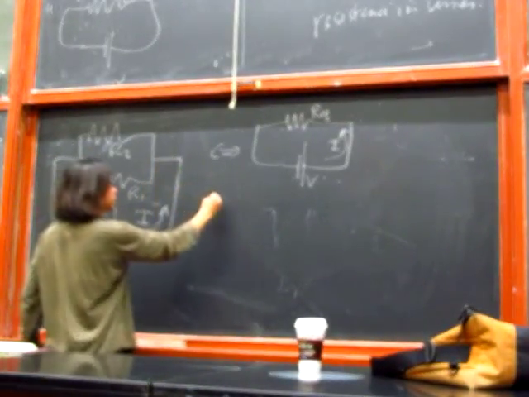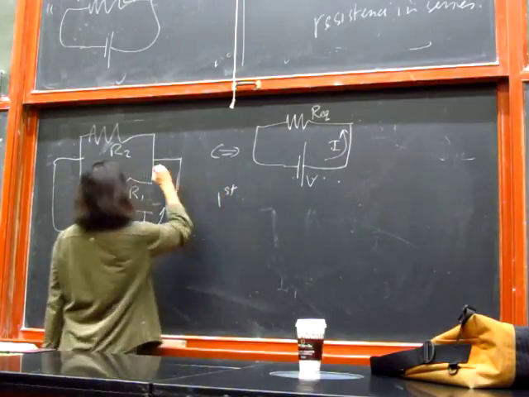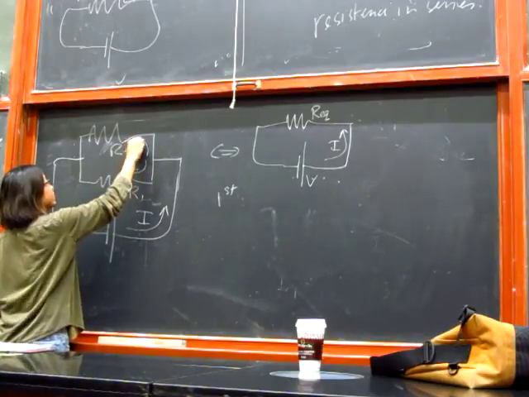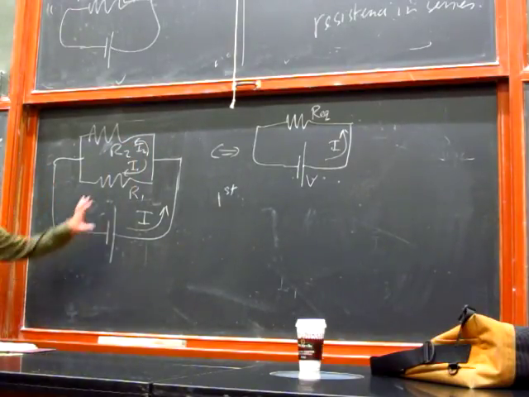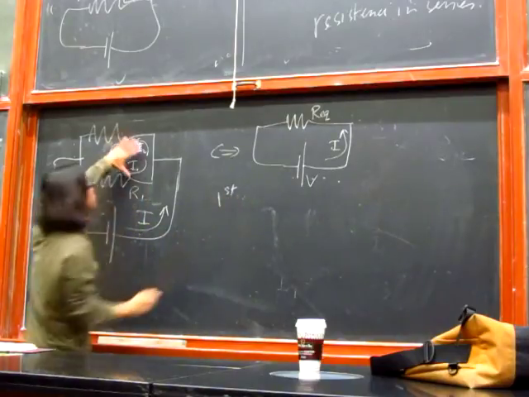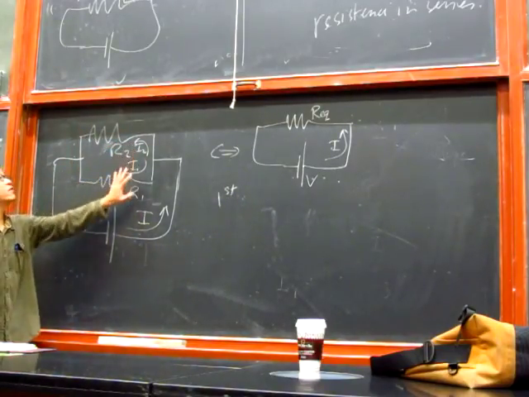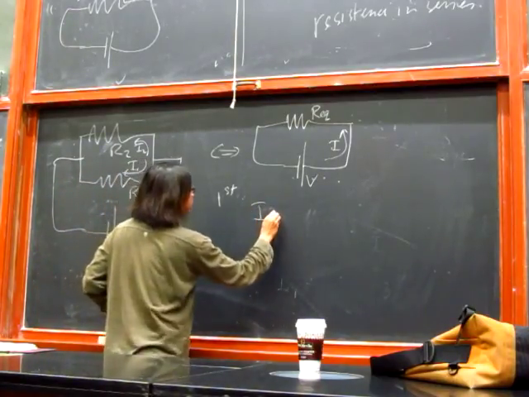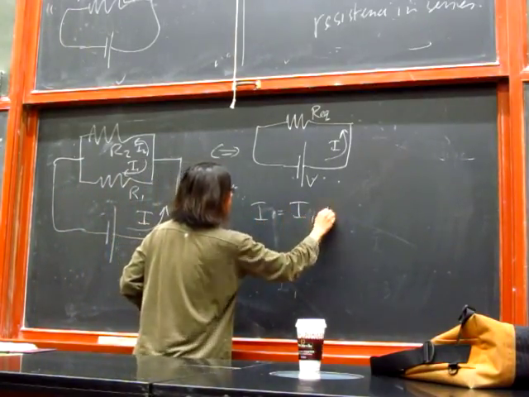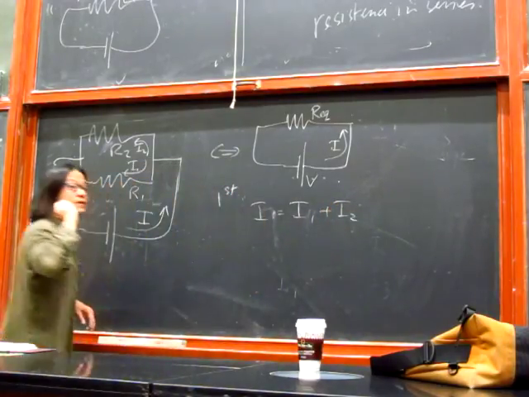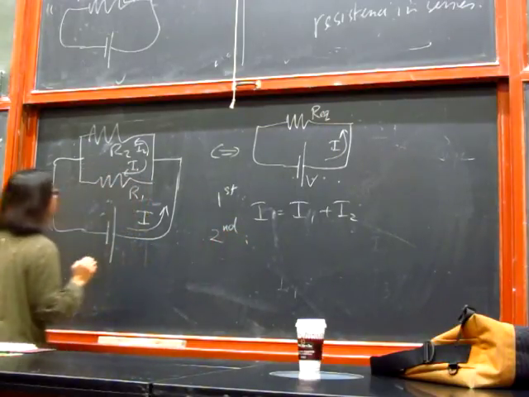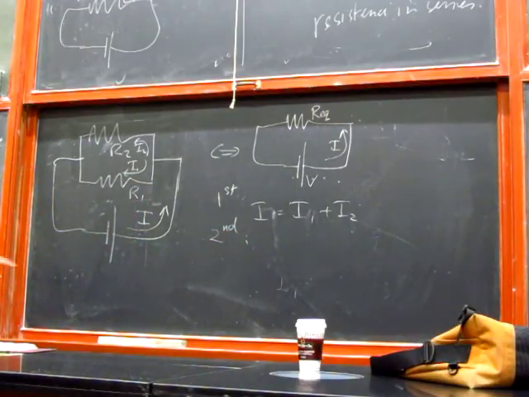Concept number one, Kirchhoff law number one, says that I has to be equal to I1 plus I2, right? Find your own convention. As long as you draw it with an arrow, then you know what's happening. Here I is equal to I1 plus I2. And from the second concept, the second Kirchhoff law, the reason I call it a concept is that it's nothing new, you already know about this.